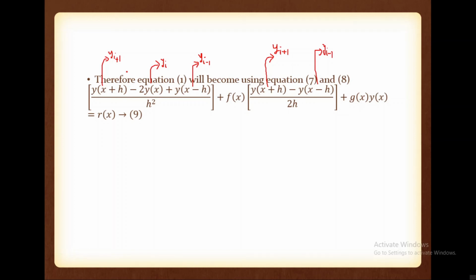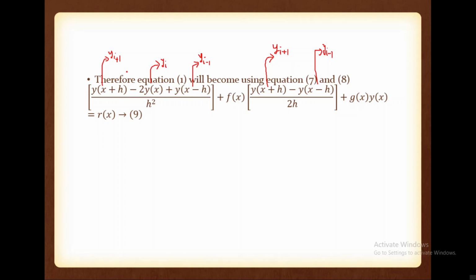You already have equation number 7. There you can note that. Similarly, you have equation number 6. There you can note it as dy by dx is equal to yi plus 1 minus yi minus 1 divided by 2h. Okay. Is it clear to all of you?